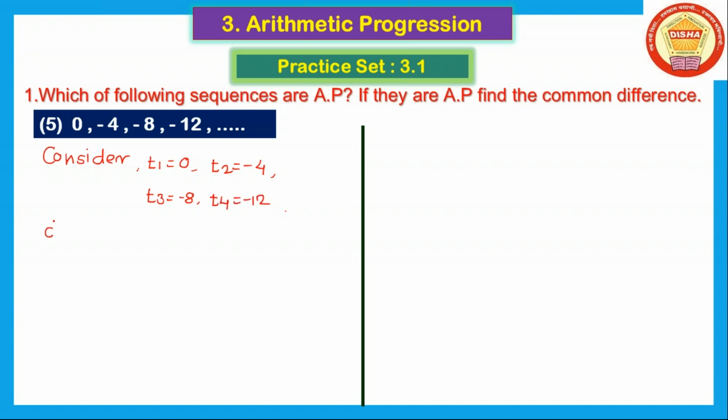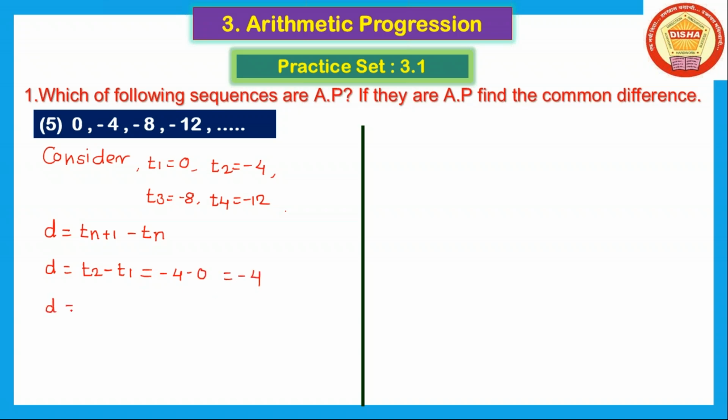Okay. Then we find D to state whether it is AP or not. That is equal to T n plus 1 minus T n. Then we take the difference between first two terms, that is T2 minus T1. Negative 4 minus 0, which is equal to negative 4.